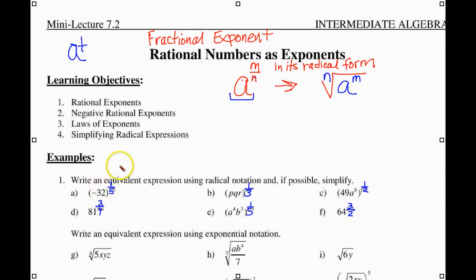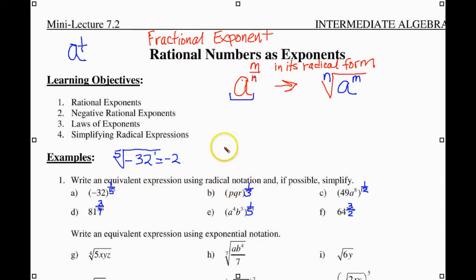So, what do we have here? Well, we have the 5th, well, we can put our radical sign. Our radicand is a -32. The exponent is a 1. And our index number is a 5. So we want the 5th root of a -32, which is a -2.